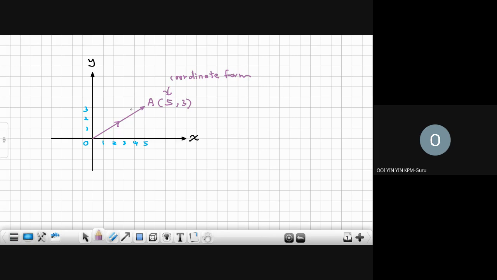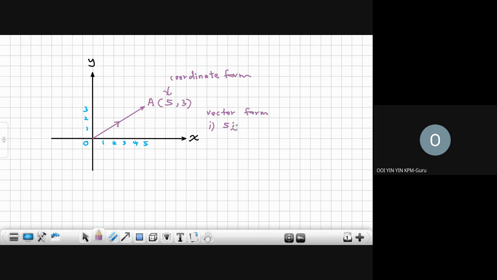If we want to change this coordinate form to vector form, there are two ways to write it. One is, your 5 here, your x coordinate, we can write as 5i.